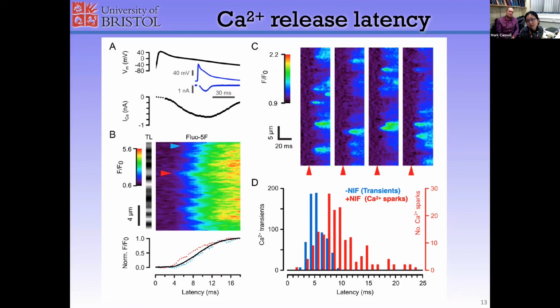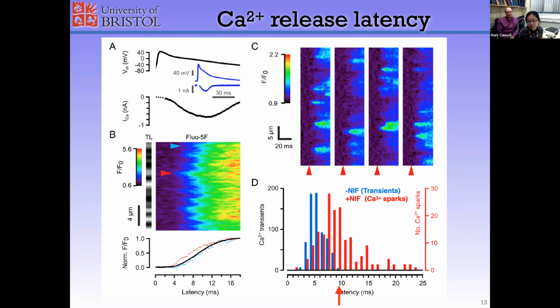So now from these data, we can measure the latencies of each calcium spark, and the histogram is shown in red in D. The mean latency for these calcium sparks was around 9.5 milliseconds, which corresponds to a membrane potential of around -15 millivolts during the AP. We can now also compare the situation to the case when nifedipine is absent.